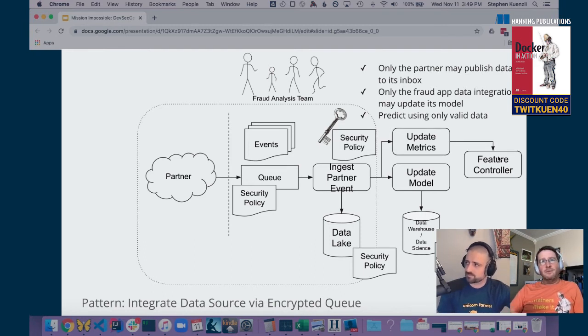Some of this stuff can be expensive to retrofit if you get too far along in the process and you're like, oh gosh, now we totally forgot about authentication or validating the integrity of our data.